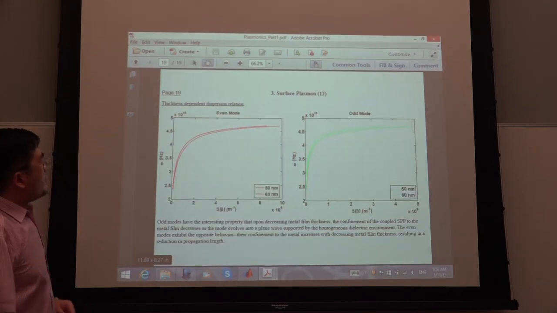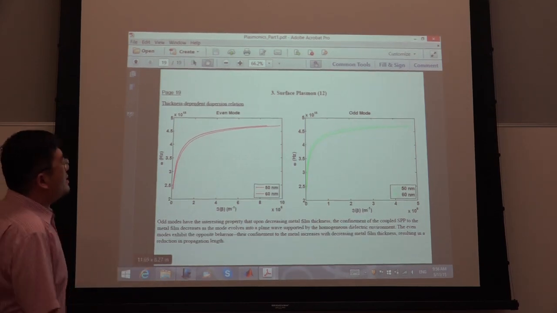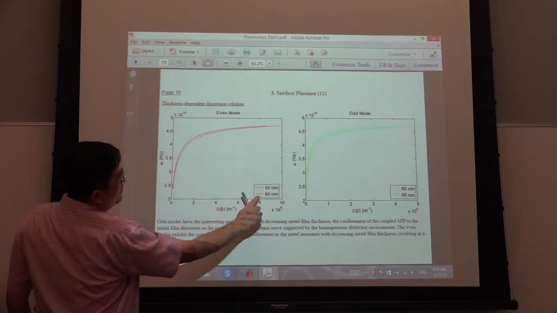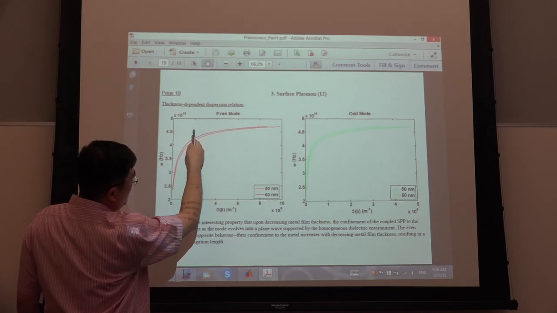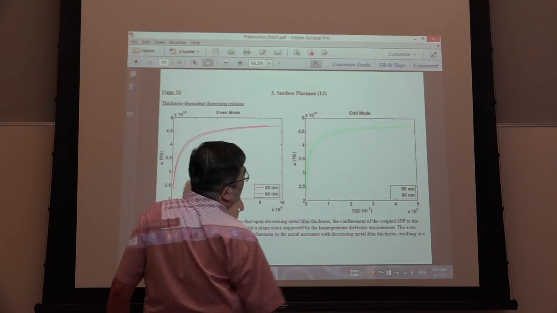Another thing: when you decrease the thickness, the even mode will increase its imaginary part, while the other mode will decrease. You can see from 60 to 50 nanometers.